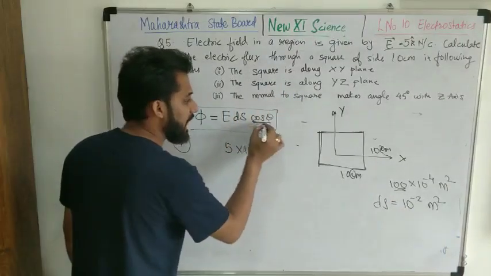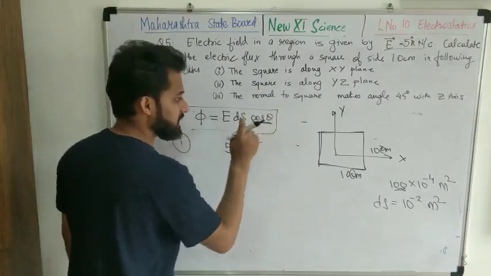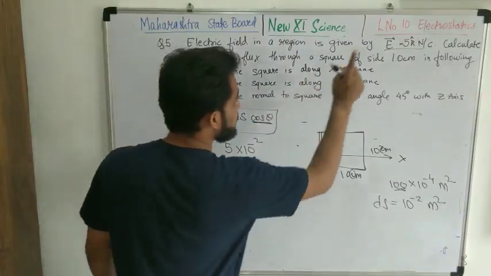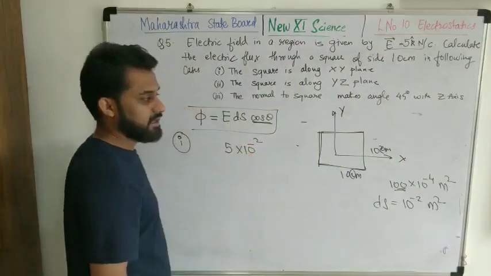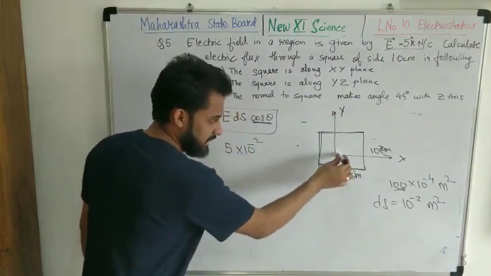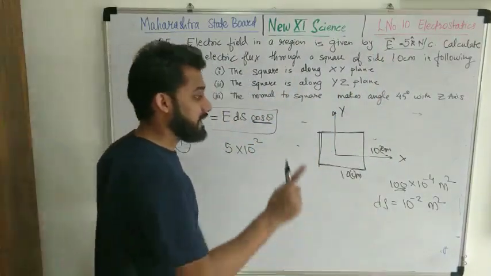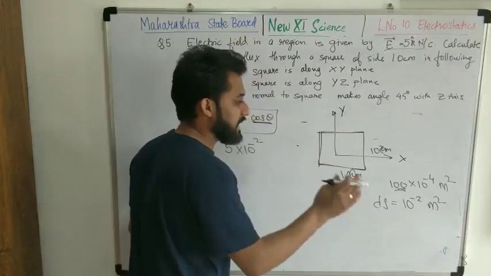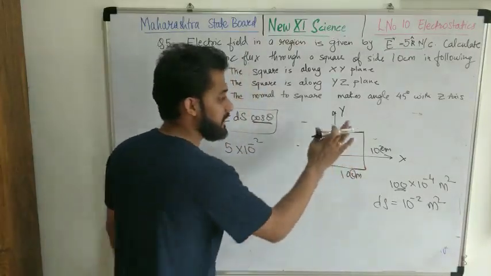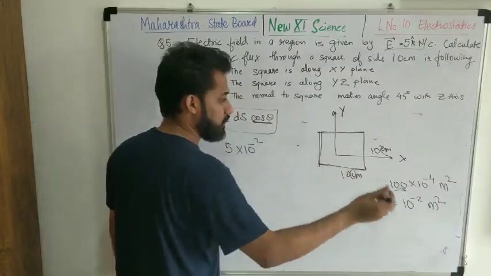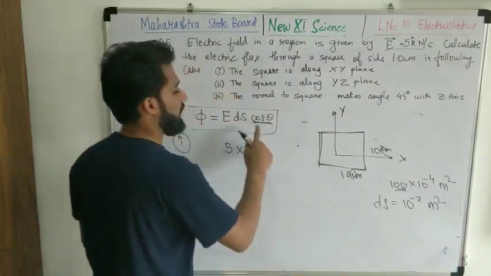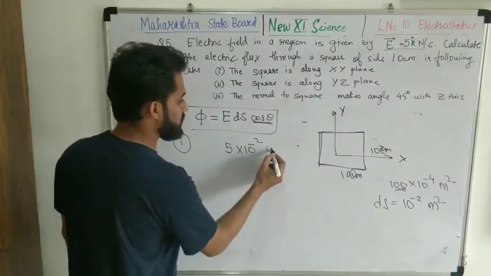But what about the angle? What about theta? That is the angle between electric intensity and the area vector. Clearly in this figure, electric intensity is along Z and the area vector is also along Z, as it is perpendicular to the area. So both of them are parallel. So the angle between them is 0 and cos 0 is 1.